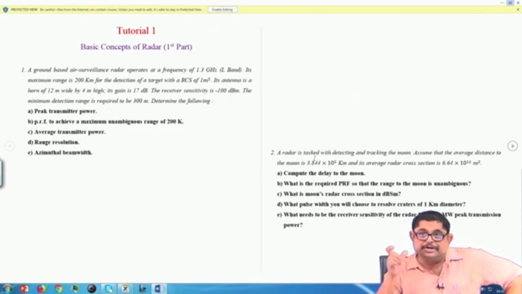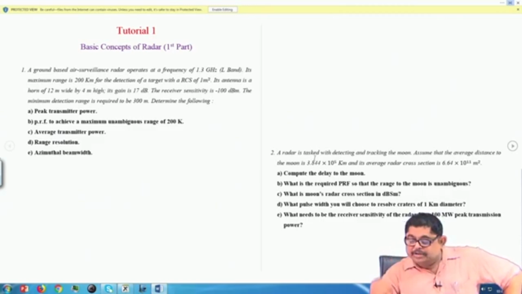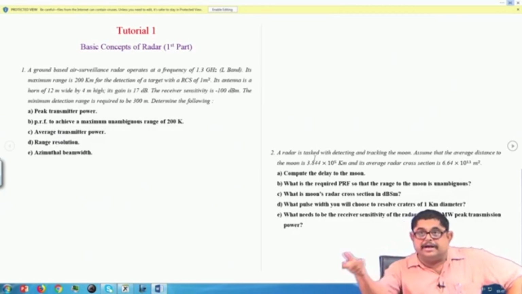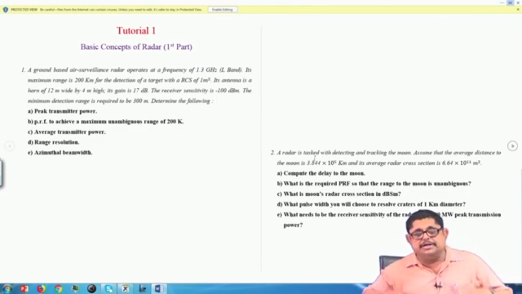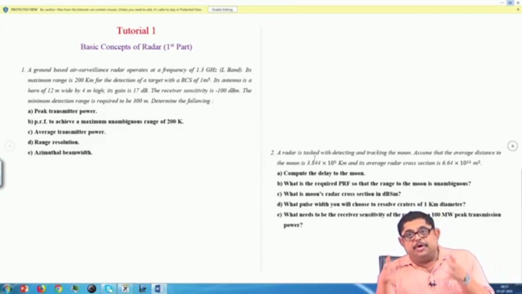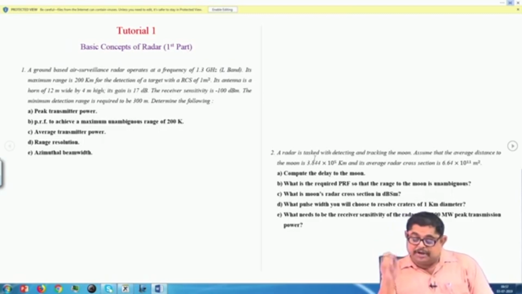What pulse width will you choose to resolve craters of 1 kilometer diameter? It is an interesting question, choosing a pulse width because I will have to find craters. Various craters on the moon have been identified by various moon missions. Suppose your country has made a radar, and you want to detect craters of at least 1 kilometer diameter. So, what pulse width will you choose? And the last part is, what needs to be the receiver sensitivity of the radar for a 100 megawatt peak transmission power?